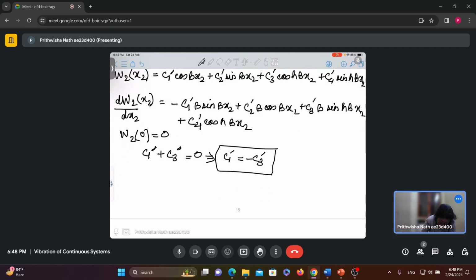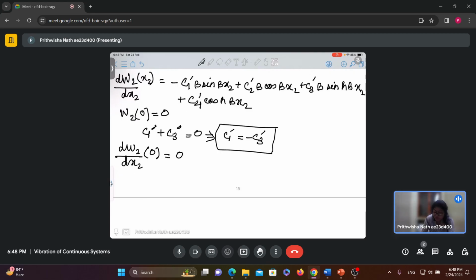Again, I put 0 in for x2 in the derivative of W2 with respect to x2.